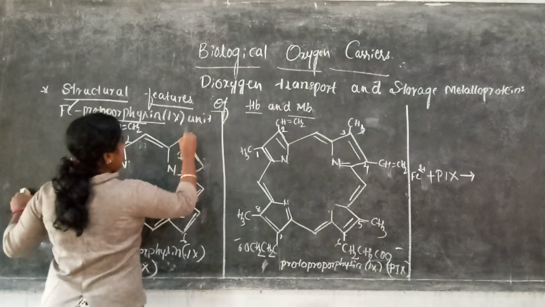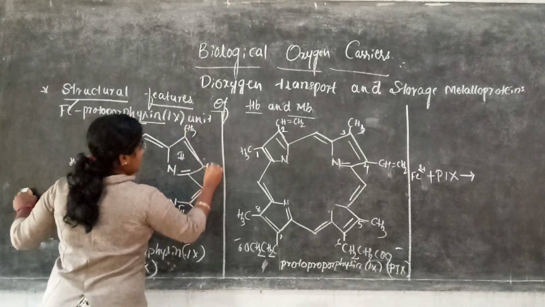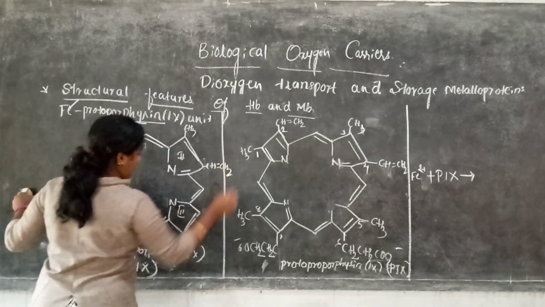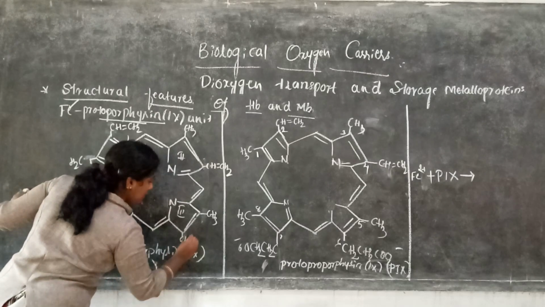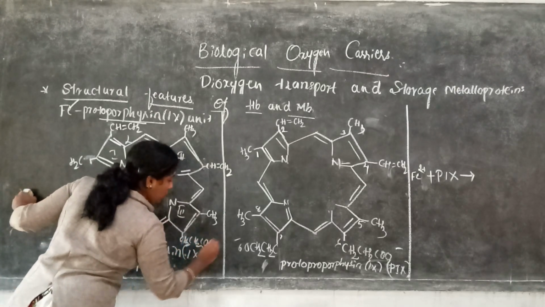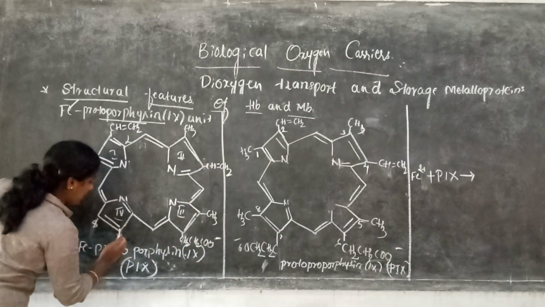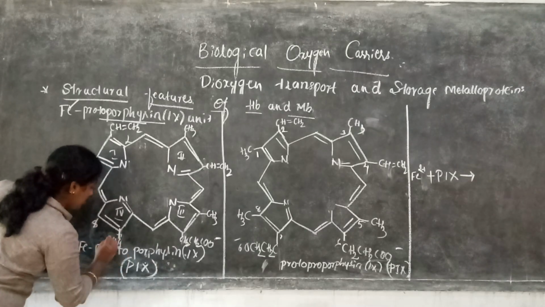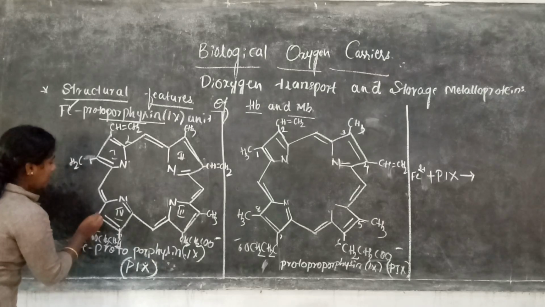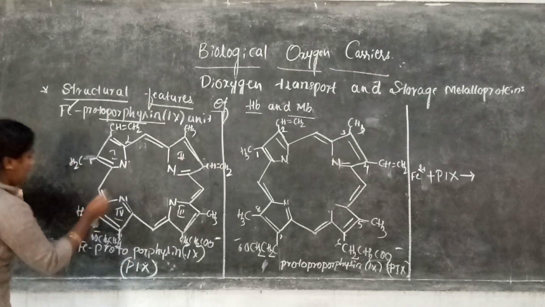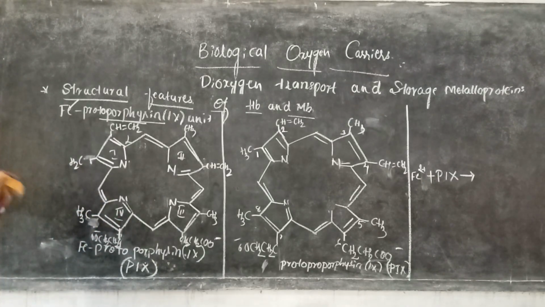Here CH3, CH double bond CH2, then CH3, then CH2, CH2, COO minus, and here also CH2, CH2, COO minus. Then the 8th position also has a methyl group substitution.